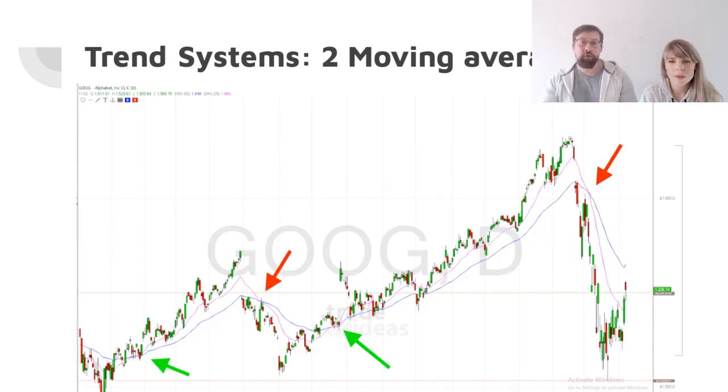But you can see this 2 moving average cross system. Your first trade, you bought in here, and then you sold a little bit, and that was a good trade. But then this trade that was a little bit of a profit before is about flat the next trade. But then you notice that you were in and out during this period right here because price crossed above and below.